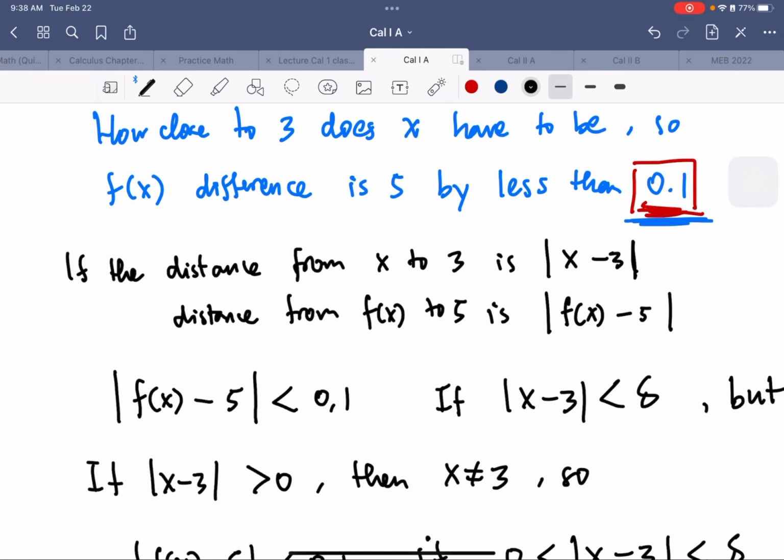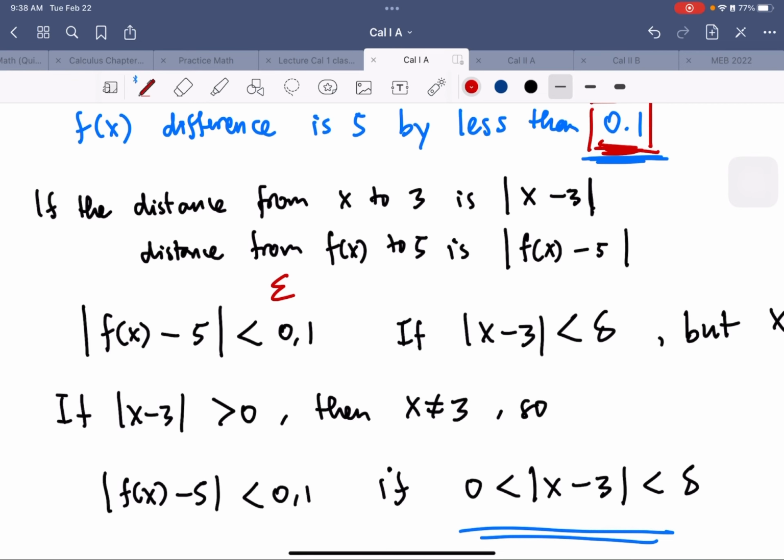What we are going to do is try some value of delta so that the difference is 0.1. Now, in general, this difference for the function we also call an epsilon.